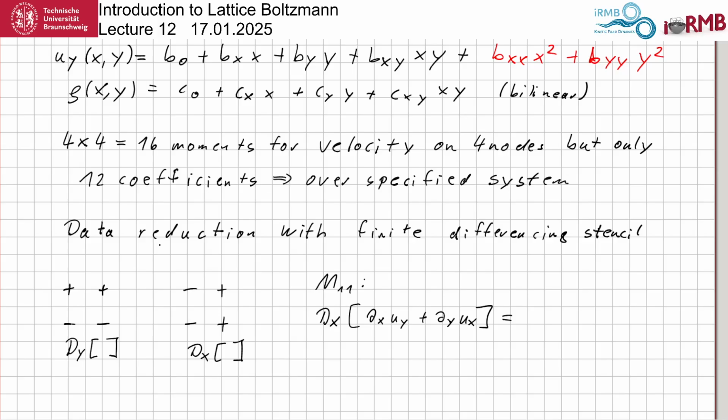So we take two derivatives, and what we get out is dx uy plus dy ux equal to bxy plus 2ay.